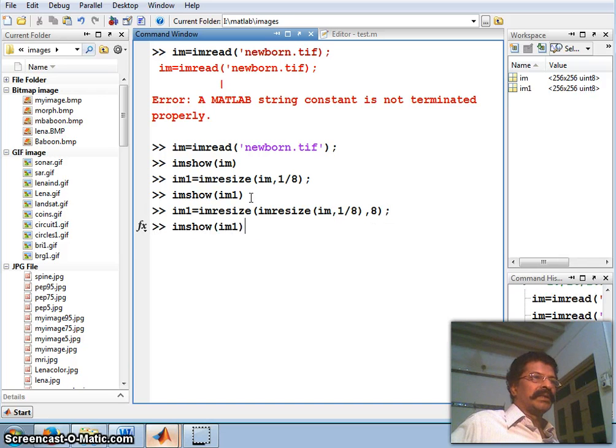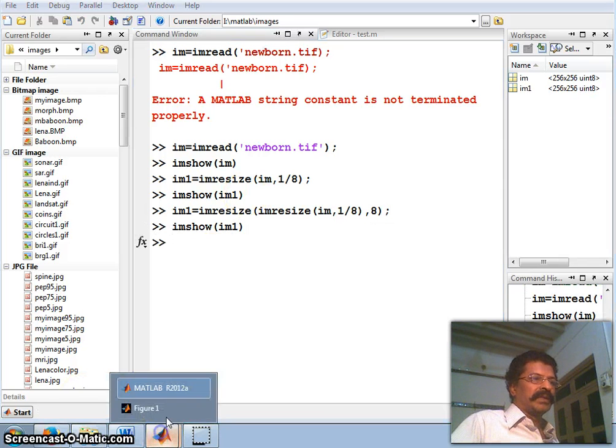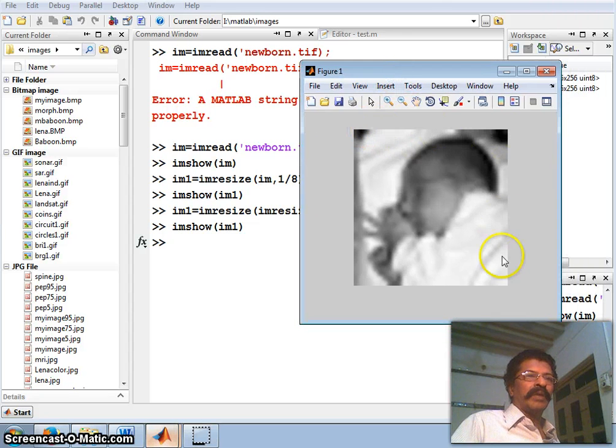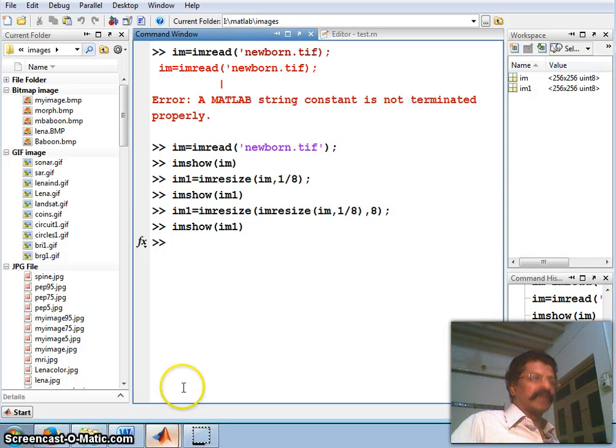Now let us see the size, and we can see that this is the image where the pixels are reduced. And the earlier picture we saw is this one. I take figure, imshow, and I will give the title: this is the original image.